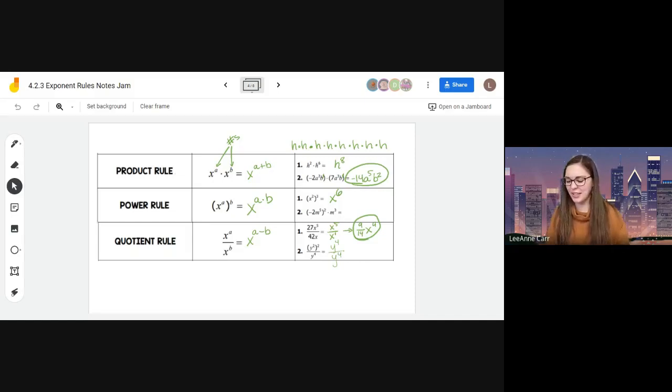Thank you, Brianna. So here, now we have the same top and the same bottom. When we subtract 4 minus 4, we're just going to get 0. Huh, that's weird. But let's think about this. Let's go back to this middle step, where it says y to the 4th over y to the 4th. In any other sense of math, whenever we have one number and divide it by itself, what would we get?